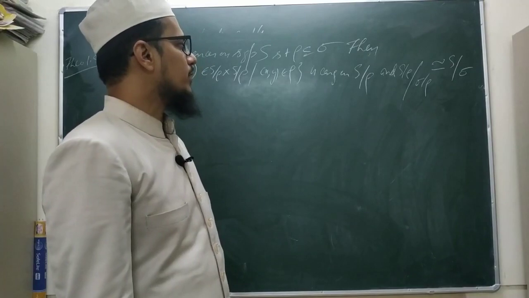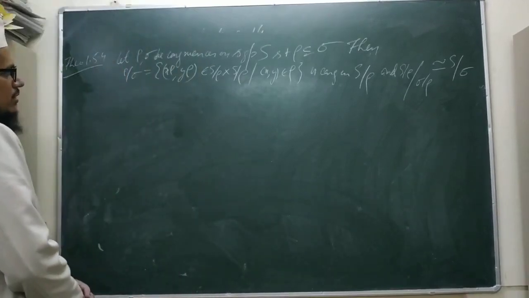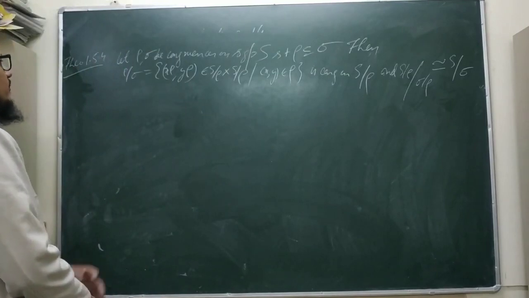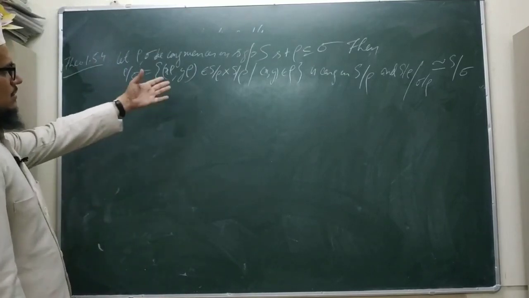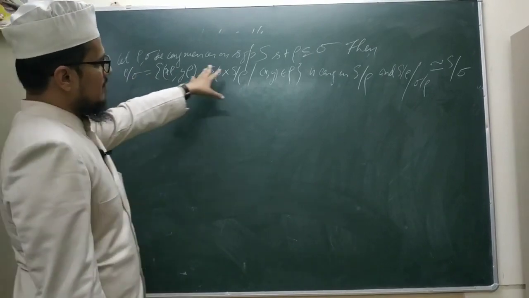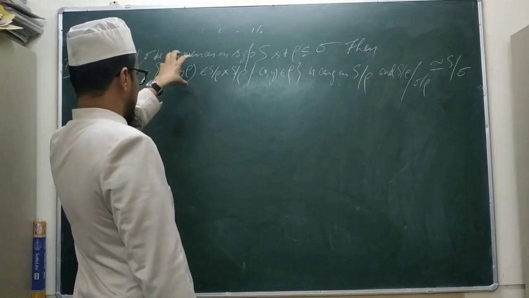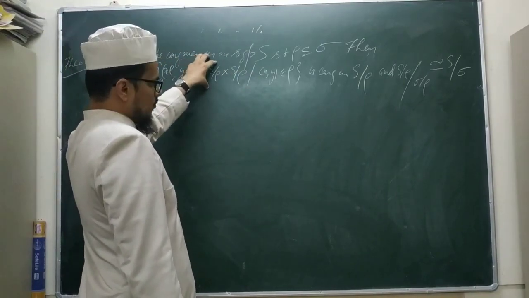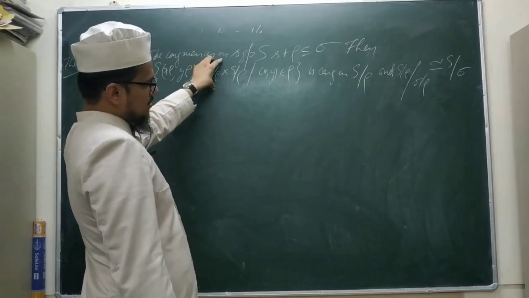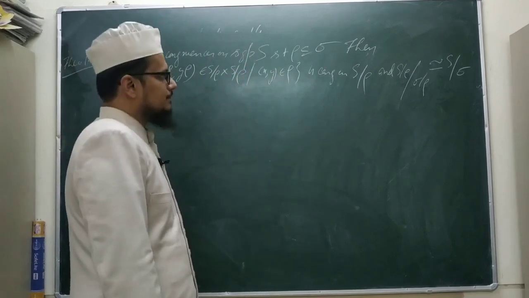Now let's see how we prove it. It's given only that rho and sigma are congruences where rho is contained in sigma, and you have to prove that rho by sigma, defined like that, is a congruence on S by rho.